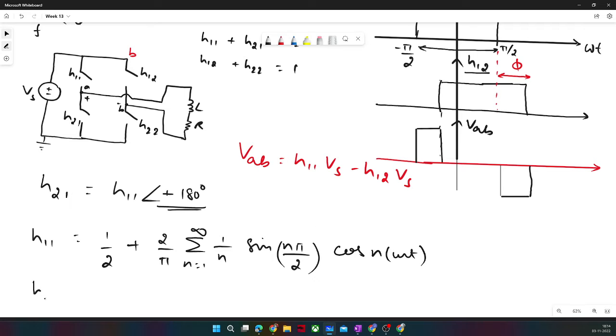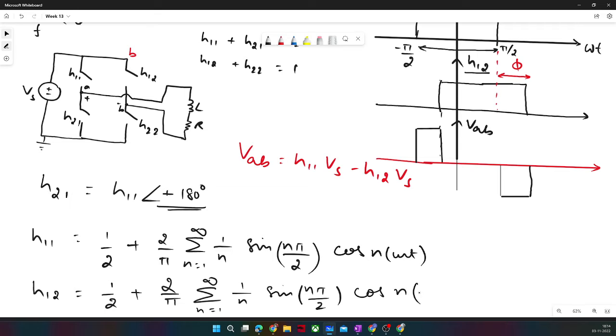And similarly, we can write H12 is equal to half plus 2 by pi summation 1 by n sine n pi by 2, but it will be shifted by angle phi in the right direction, so we can write omega t minus phi.